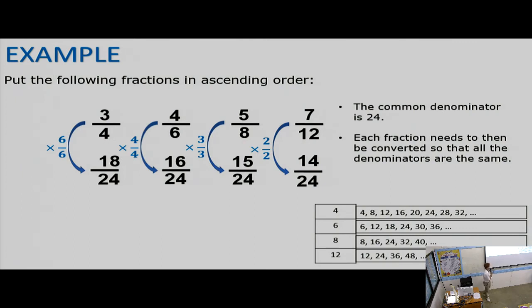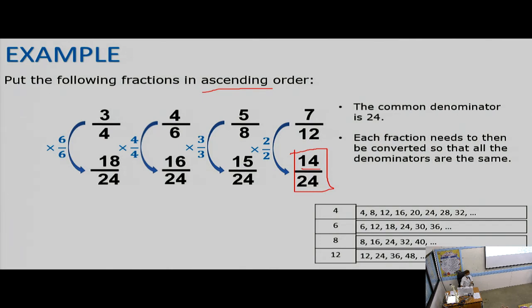Okay? And so, now that they have the same denominator, we can now arrange them in ascending order. Again, ascending is smallest to biggest number. Which is the smallest? This one, right? 14 over 24, since the smallest number is 14.